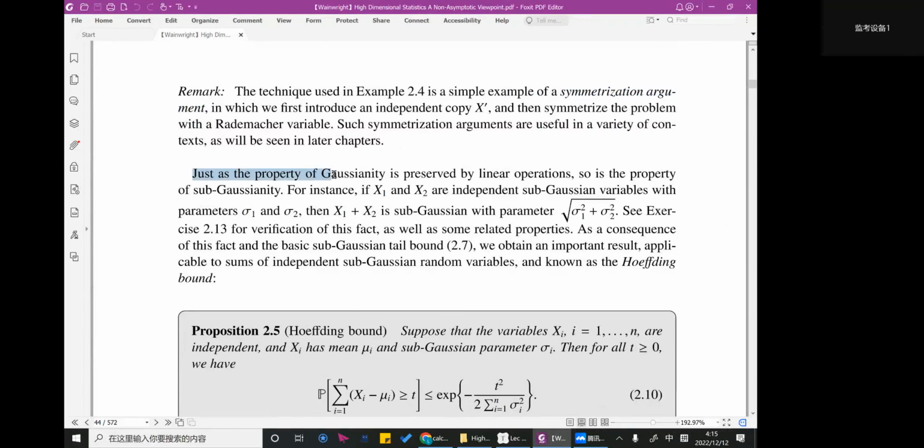Just as the property of Gaussianity is preserved by linear operations, so is the property of sub-Gaussianity. So if we have two independent sub-Gaussian variables, then the sum of them, and also the difference of them, are all sub-Gaussian with this parameter.